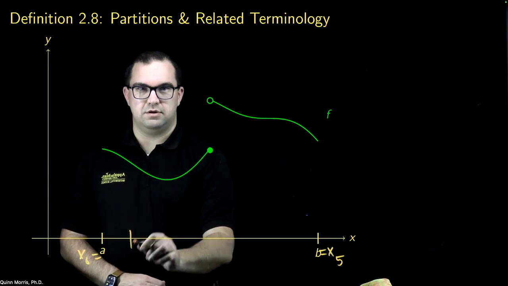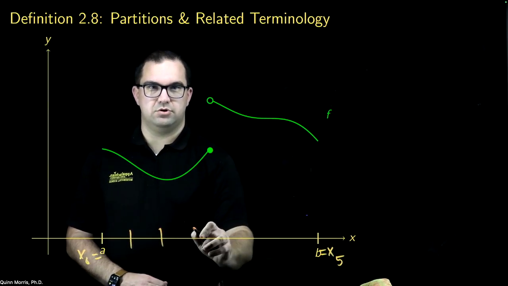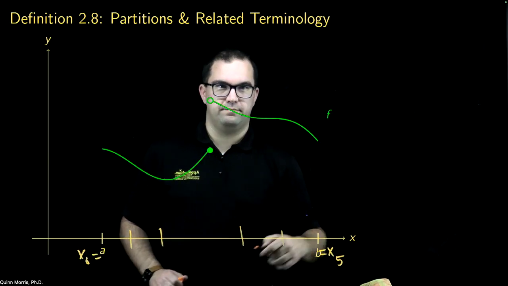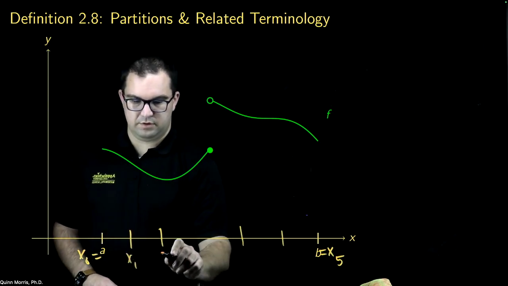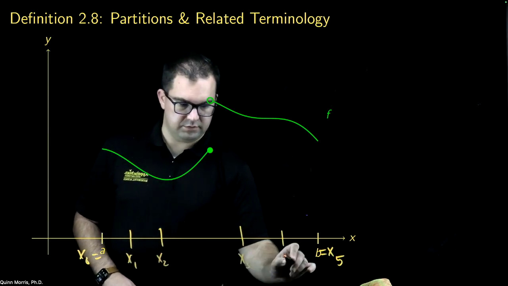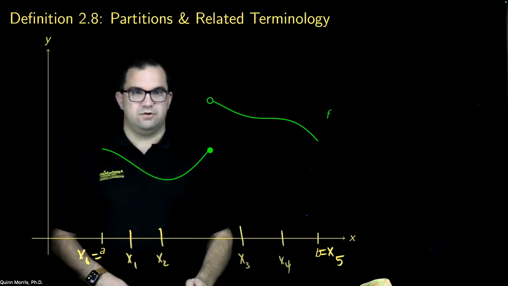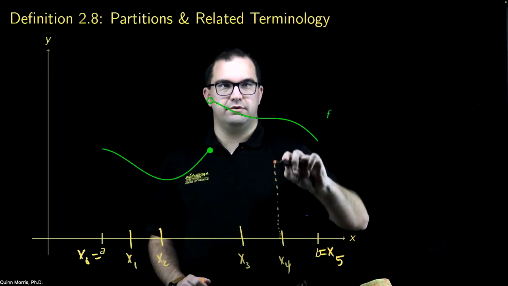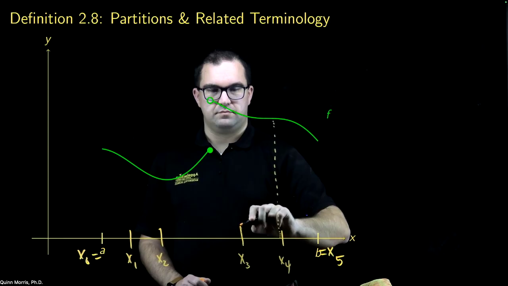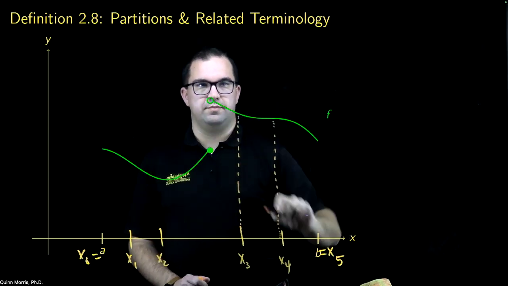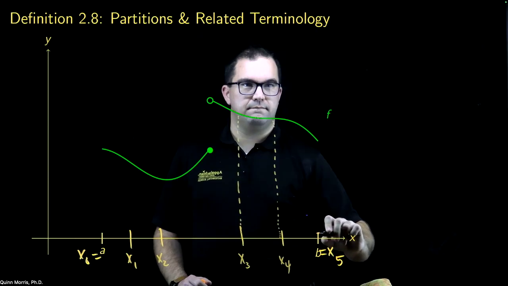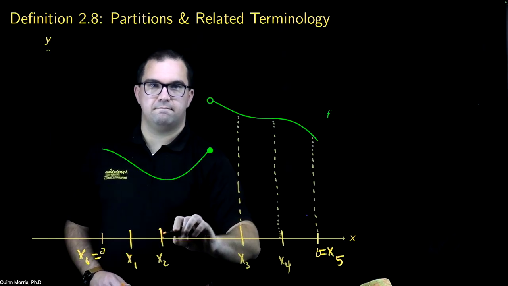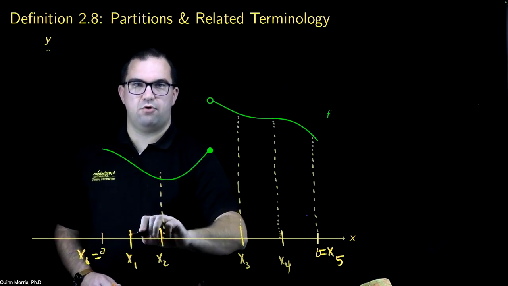So maybe there's x1, x2, x3, and x4. And again, if my goal is to stack some rectangles in here, now I have the sides of my rectangles. So I know where the sides of those rectangles are going to be. The partition itself helps create those.